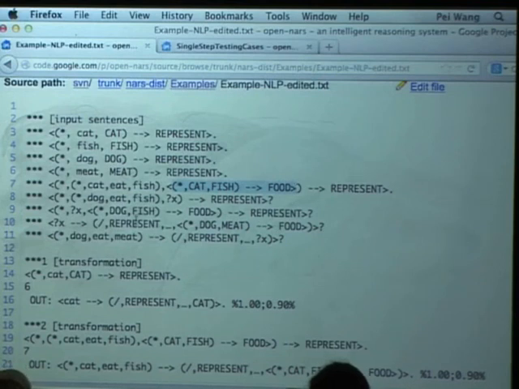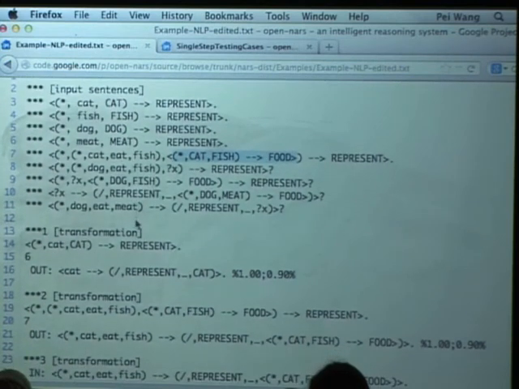Then if I give the system a whole bunch of things like that, eventually I can ask the system questions about sentences it has never seen before. For example, what is represented by dog eat meat, if you only know the given example? If you check the grammar, then that's what it means.